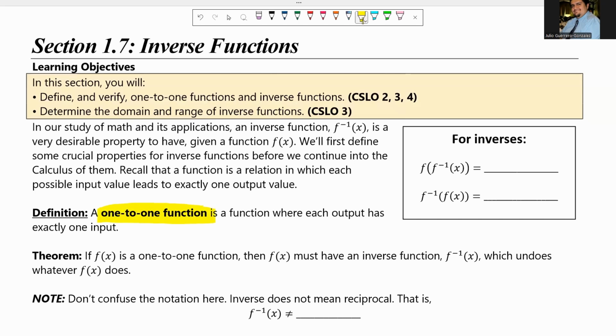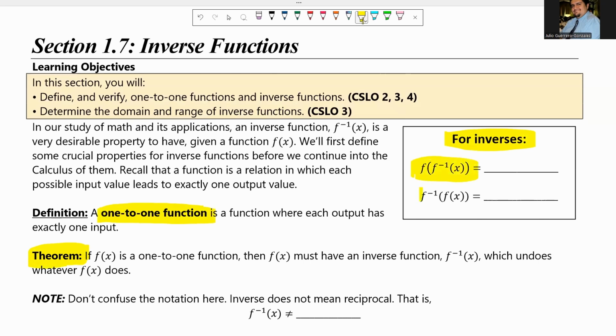So it turns out if you have a function that is one-to-one, then it must have an inverse. That's what this theorem is saying down here. The second that you have a one-to-one function, you have something that must have an inverse. And the definition for an inverse is this right here.